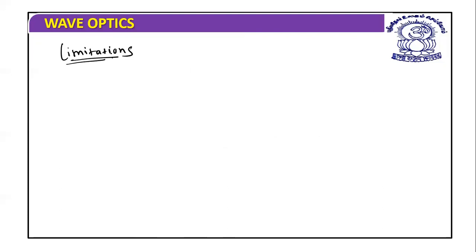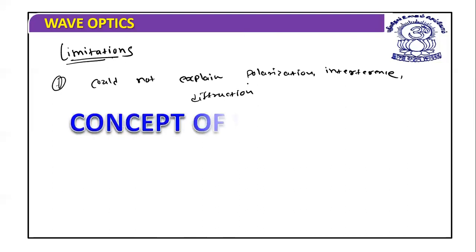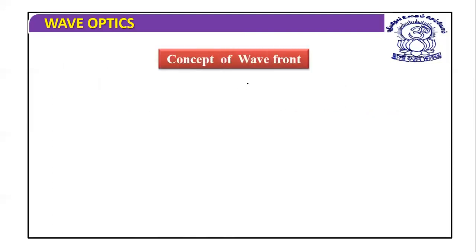It can explain the photoelectric effect, but it could not explain the basic concepts like polarization, interference, diffraction. So basically, it could not explain the concepts that can be explained by wave nature of light. Let us understand the concept of wave front.